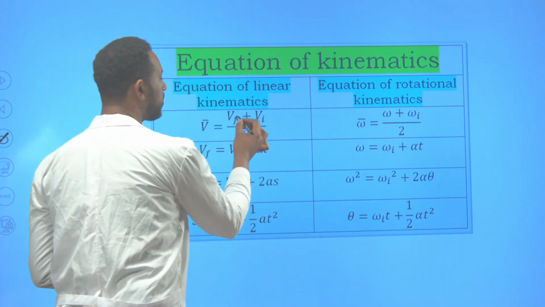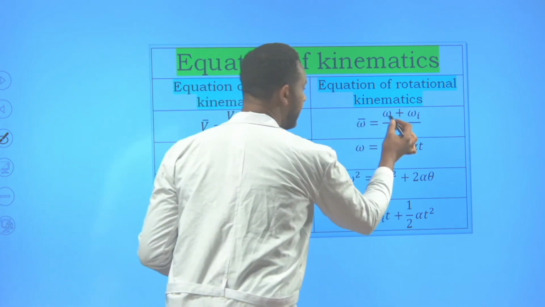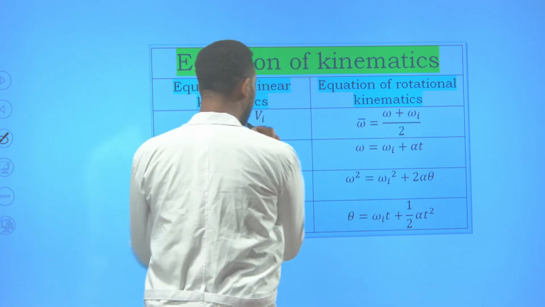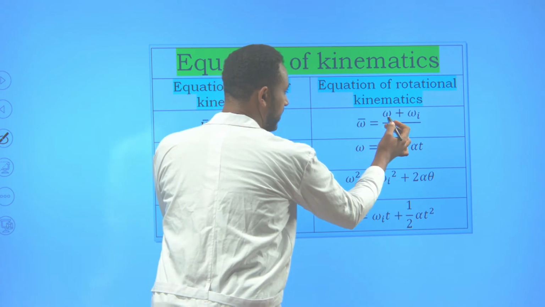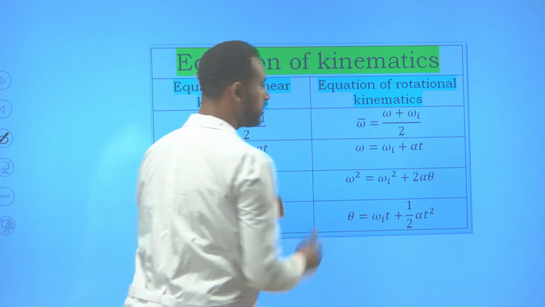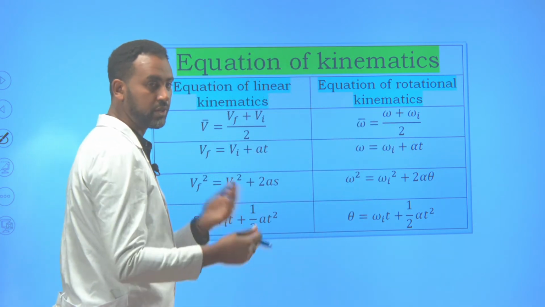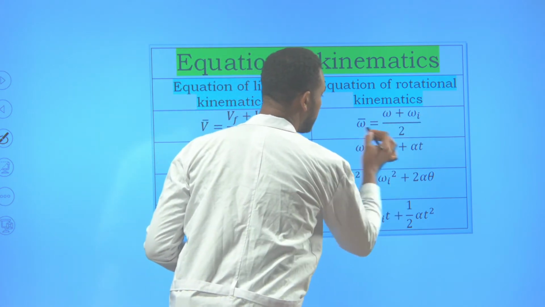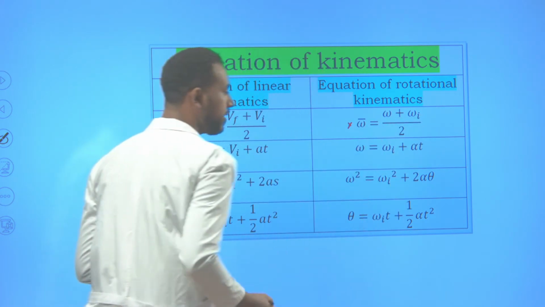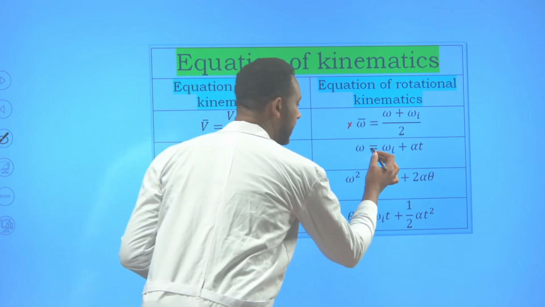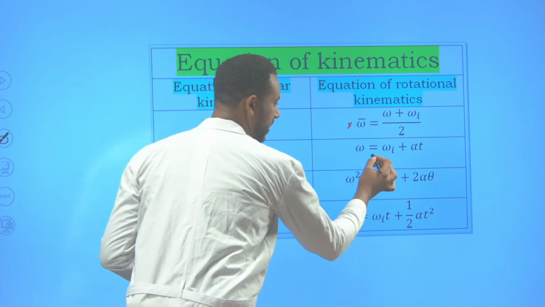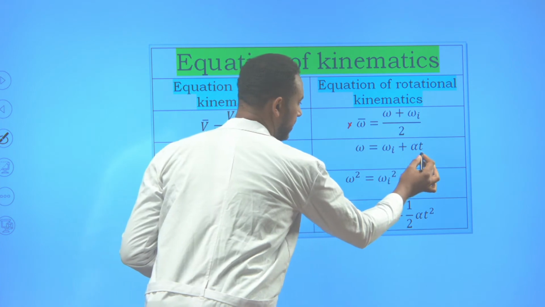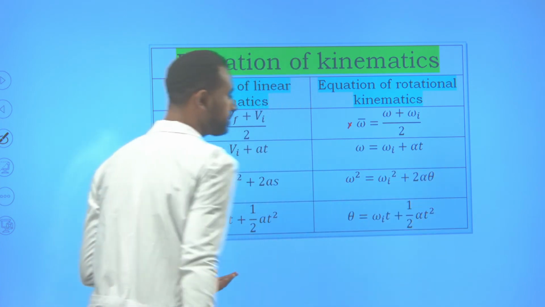For the final linear velocity, we have the final angular velocity. Everything is converted for rotational motion. So the final angular velocity plus the initial angular velocity over 2 is how we determine the average angular velocity. The final angular velocity is equal to the initial angular velocity plus alpha t.